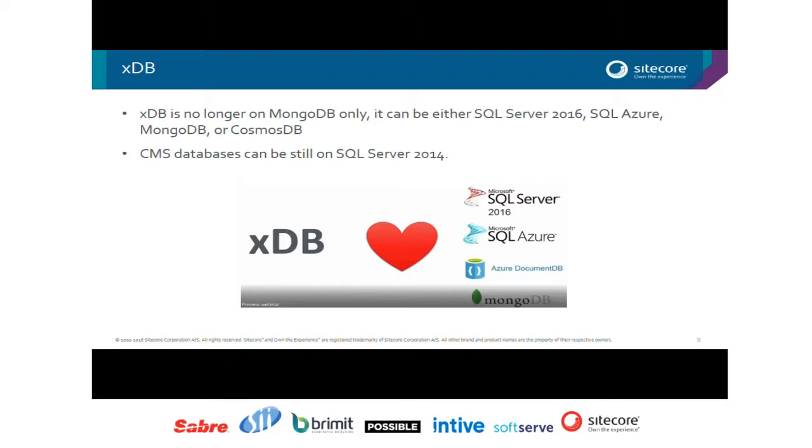It cannot be the 2014 version. CMS databases can still be on 2014. And one note: the MongoDB support is not in Sitecore 9.0. It will be added in future releases. So for now, there is no Mongo support.